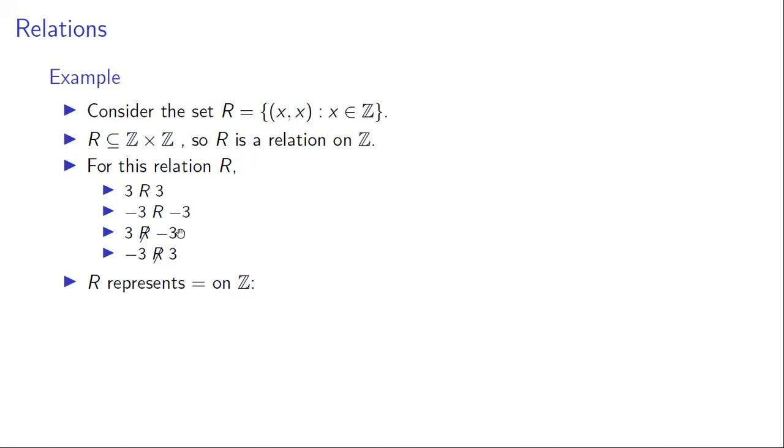You have a pair like 3, 3, a pair like -3, -3, also 4, 4, and 5, 5. It represents equality on the set of integers. In other words, x is related to y if and only if x is equal to y.